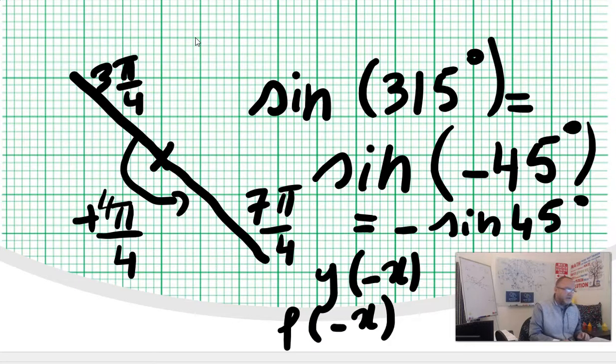If you're skipping a quadrant, that means you're going pi, 180 degrees. So if we are at 135, which is 3 pi divided by 4, you add your pi, which is 4 pi divided by 4, so you end up at 7 pi divided by 4, which is your 315.